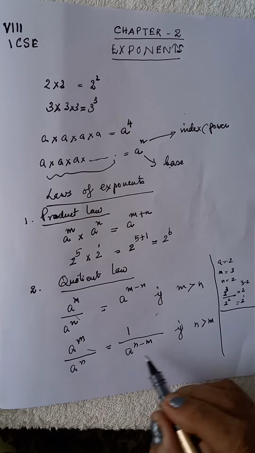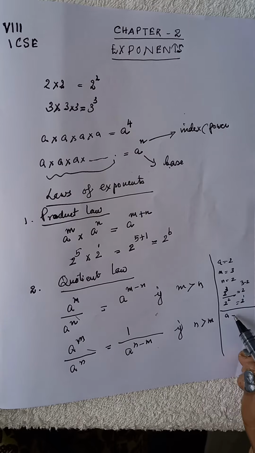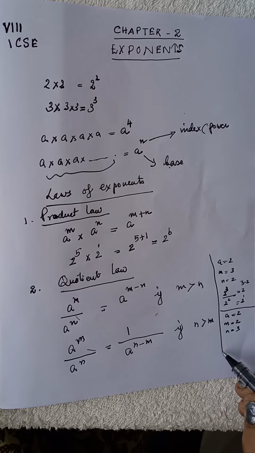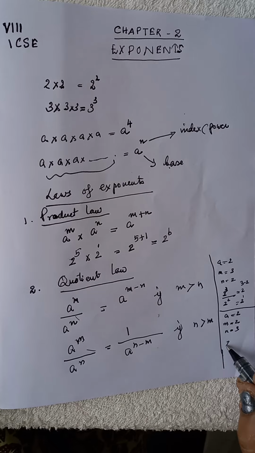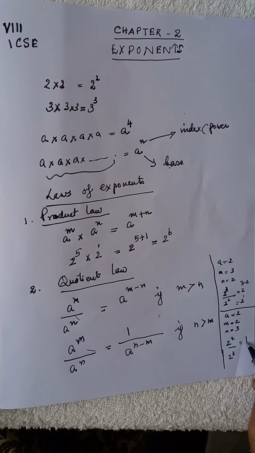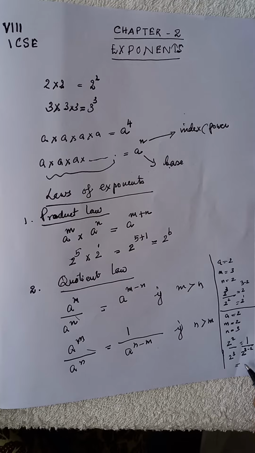And now according to this, if you take A as 2 and m as 2 and n as 3, then what will you get? Then 2 raised to m is 2 by 2 raised to n is 3, then that is equal to 1 divided by 2 raised to 3 minus 2, that is 1 divided by 2 raised to 1, that is 1 by 2.